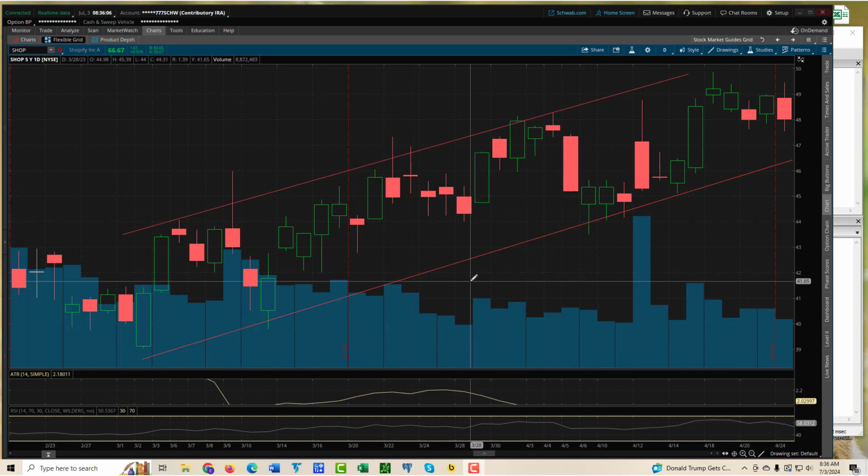Now on an upward channel, shorting at the top may not give you the best odds because it's upward sloping by nature. And so even if the price does go back down to the bottom of the channel, it may not be that big of a victory. You can see that with this example here. Let's say you shorted right here with the hope that the price goes back down to the bottom.